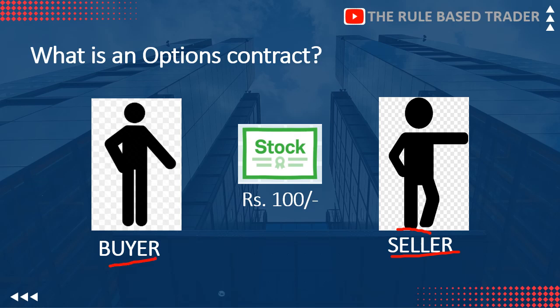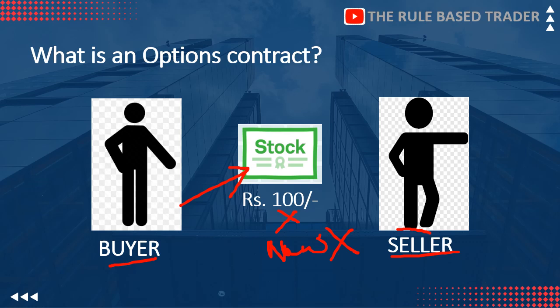Suppose the stock value is 100 rupees. Let's say the buyer wants to buy that stock, but not for 100 rupees and not now, but in the near future. Suppose say 5 days from now.